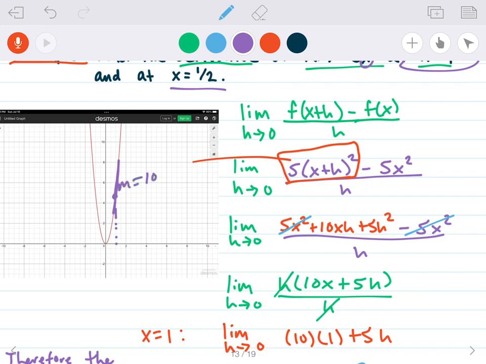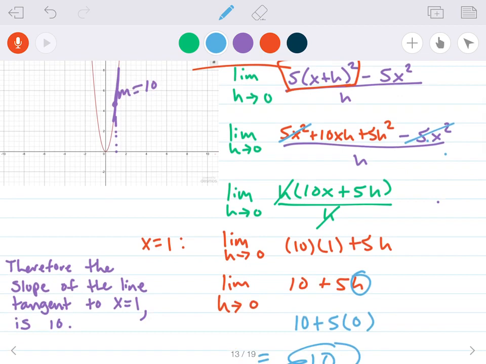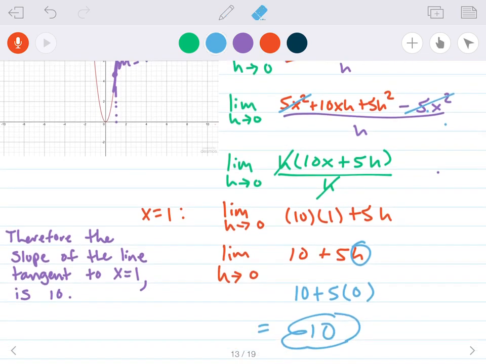All right, now let's look at x equals 1/2. Do you expect this to be a steeper or a flatter slope? Let's find out. Okay, so when x is 1/2, well, I can just backtrack.